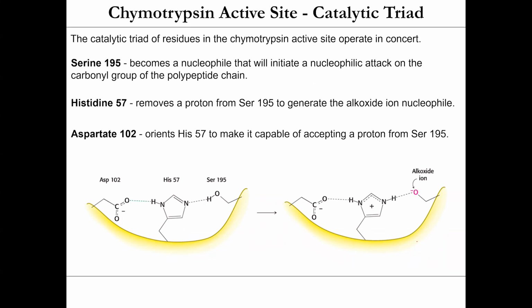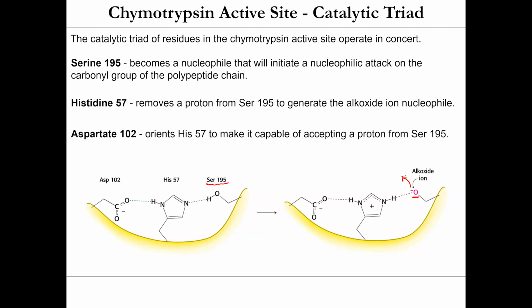This catalytic triad of residues in the chymotrypsin active site work together to catalyze the reaction. Like I said, you need all three of these to get the reaction to work. Serine 195 functions by becoming a nucleophile that'll initiate a nucleophilic attack on the carbonyl group of that polypeptide chain. We'll go into more detail on that in a second.